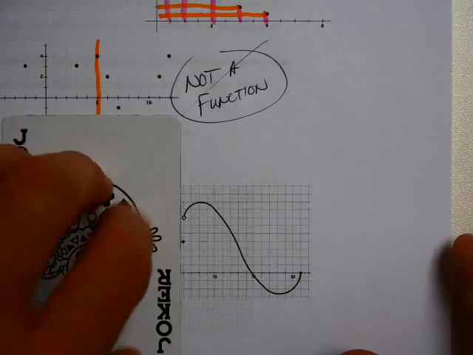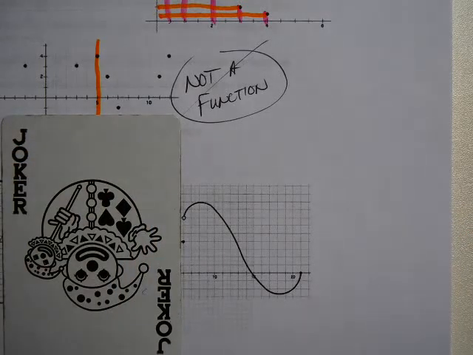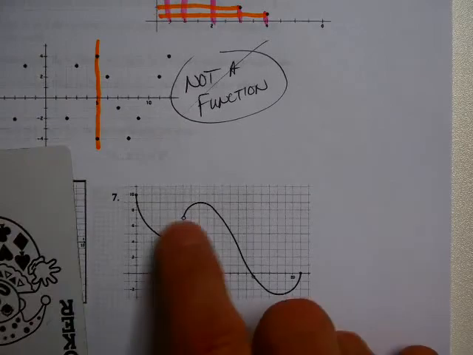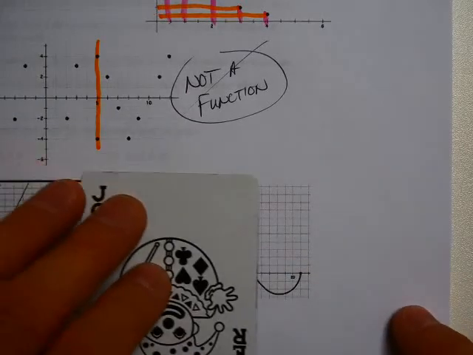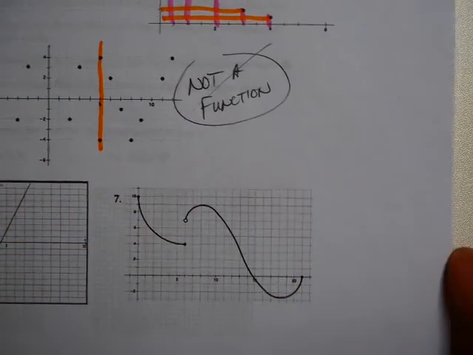But I'm not, because it's an open circle above it. That means it doesn't really exist there, right? It's just a starting point for the rest of it. This is a function. Yeah, this one would definitely be a function. If that was a solid dot, then yes, you're right, it would not be a function. But that one is open, so that one's okay.